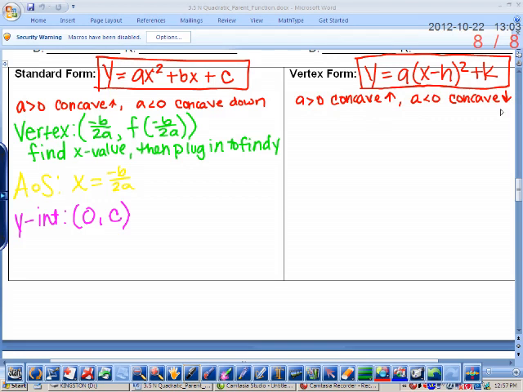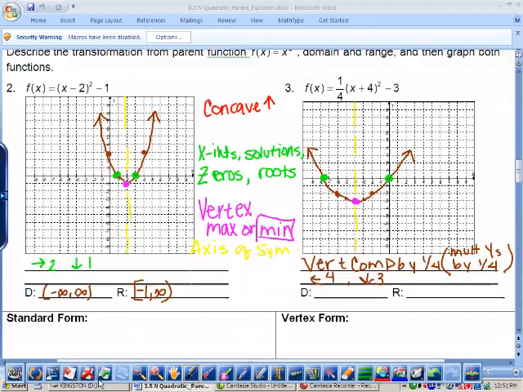All right. Look at our last two examples that we just did. What are the coordinates of this vertex here? 2, -1. Look at that from here.